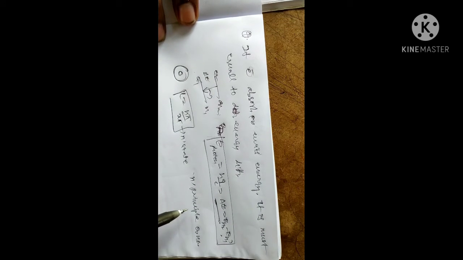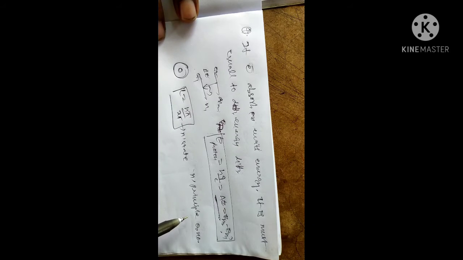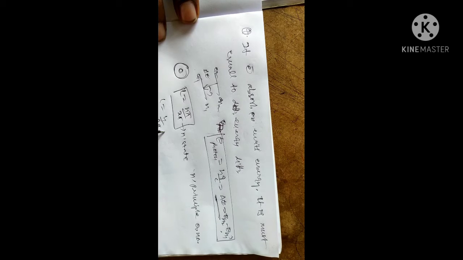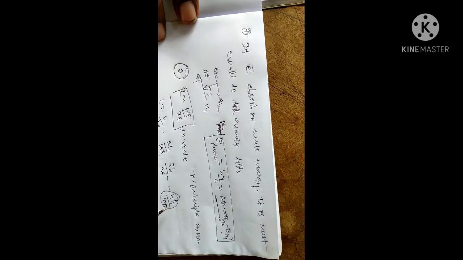So L can be h by 2 pi, 2h by 2 pi, 3h by 2 pi, like this, an integral multiple of h by 2 pi, that is nh by 2 pi.